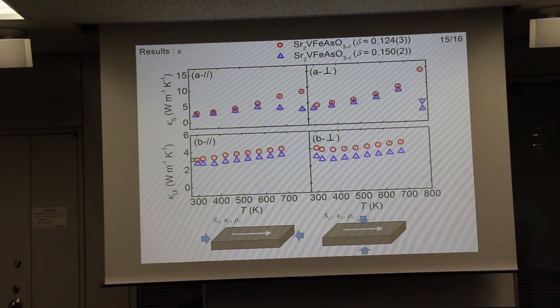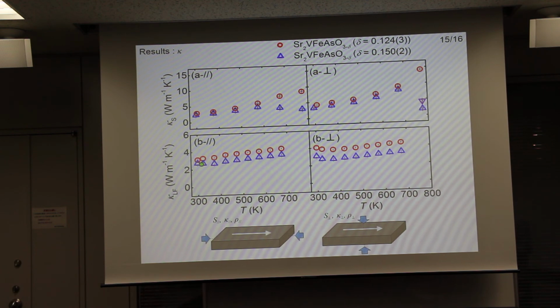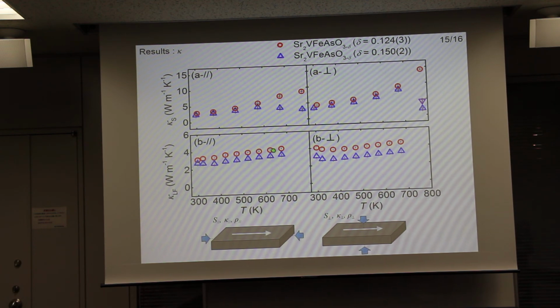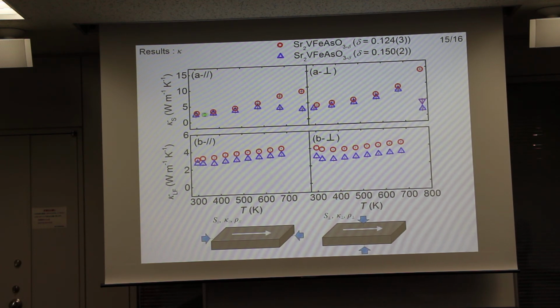As you can see, in the laser flash, it goes from 3 to around 4. So maybe this one is overestimated, or this one is underestimated. But actually, this comes from the different method.